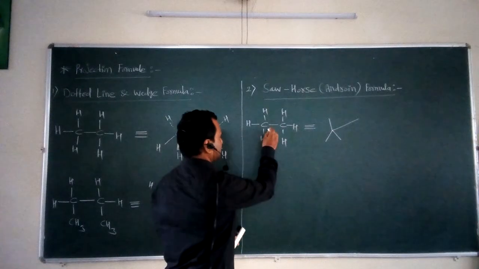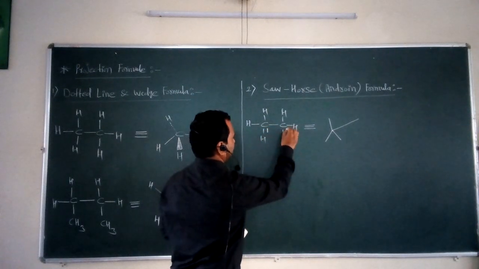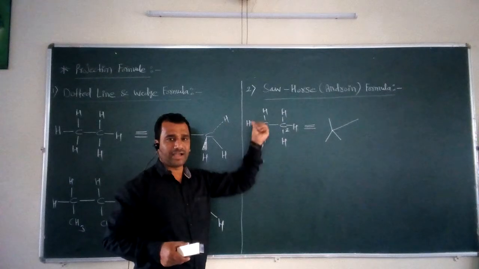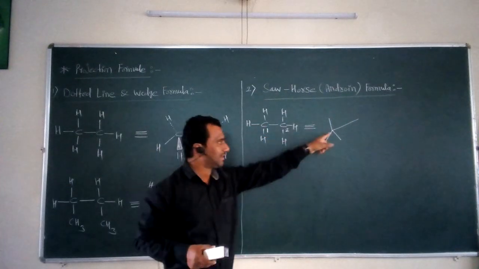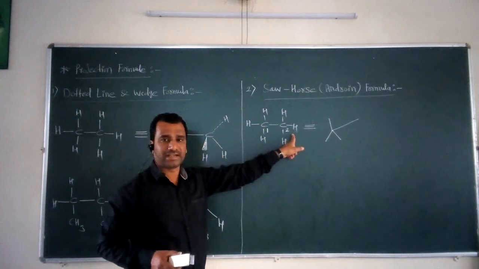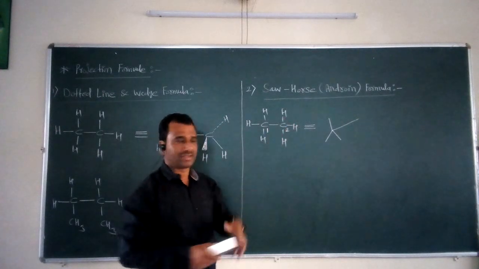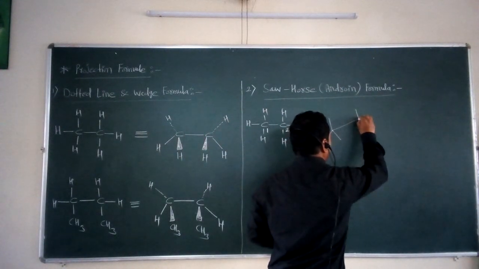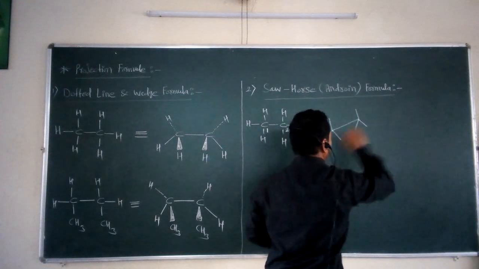If we number these carbons, this is the first carbon, this is the second carbon. To the first carbon, three hydrogen atoms are attached, indicated by the inverted Y alphabet. In the same way, to the second carbon also, three hydrogen atoms are attached. Again, it is shown by the inverted Y alphabet.